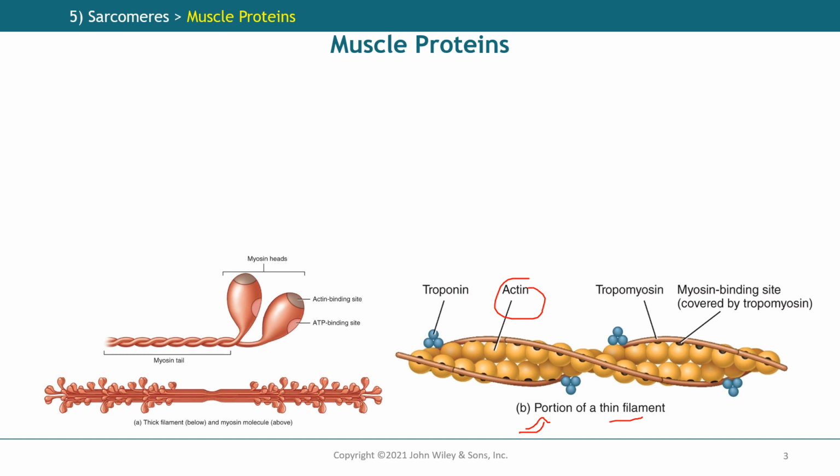And the other one is the myosin, and the myosin is the thick filament. Okay, they have different structures. So here, for example, the myosin has a head, with actin binding sites. If you see attached to the actin, you also have other proteins that are the regulatory proteins, and we will talk about that in following slides.